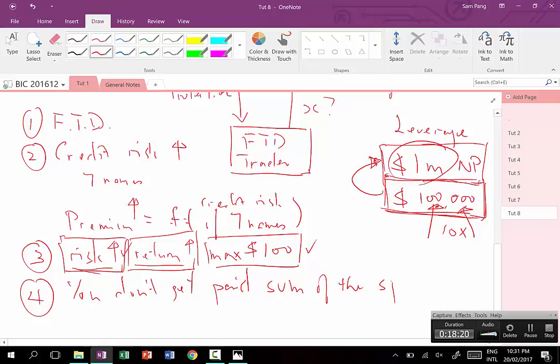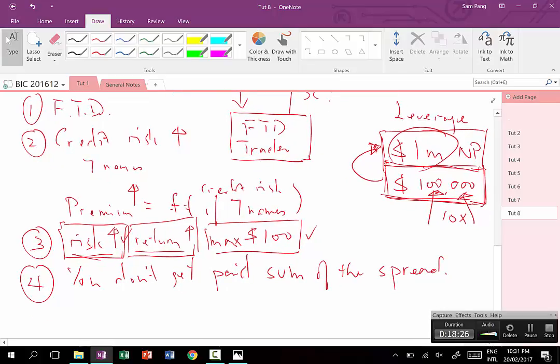There's actually a course next term which goes into a lot more detail about this topic, but now I want to try and give you some clues for your assignment, just in the interest of time. All right, you do not get paid the sum. Now the sum is 376.